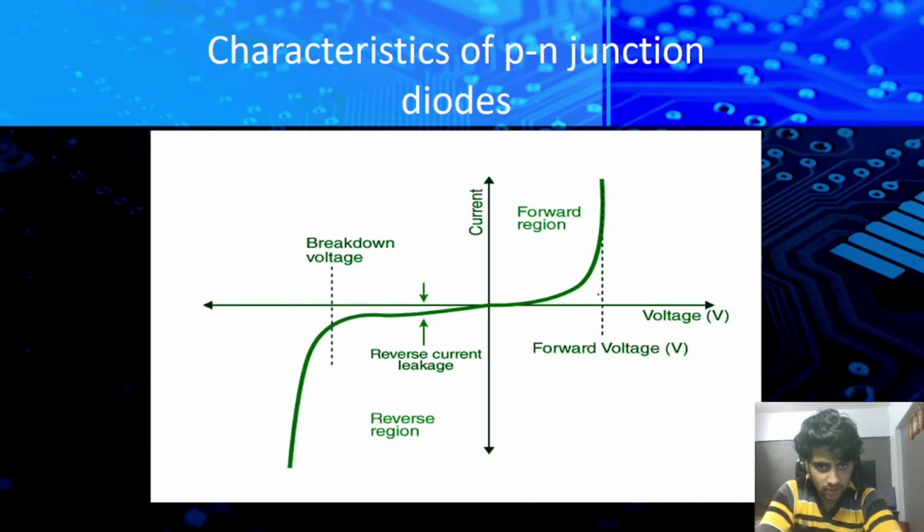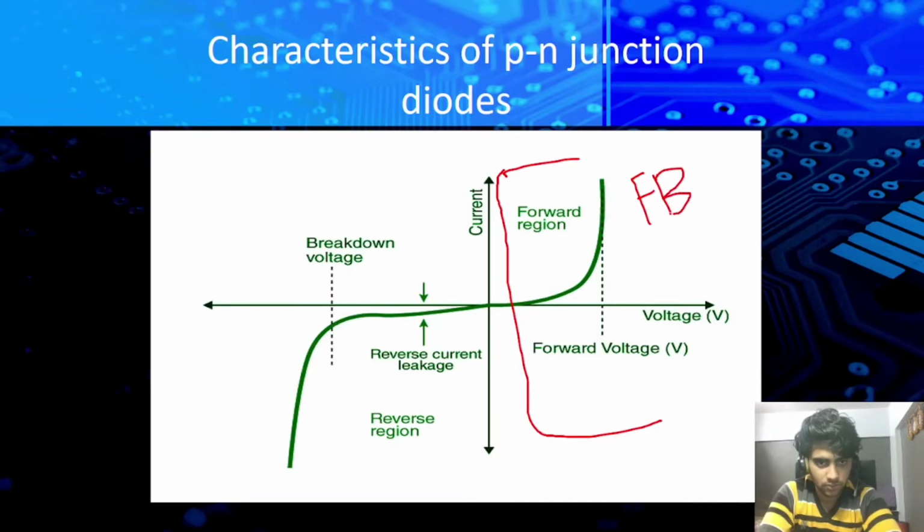As you can see here, there is a graph. Consider this particular region for forward bias and this particular region for reverse bias.